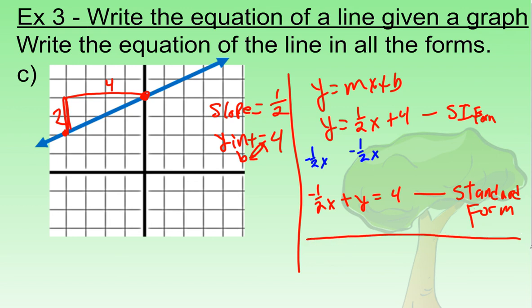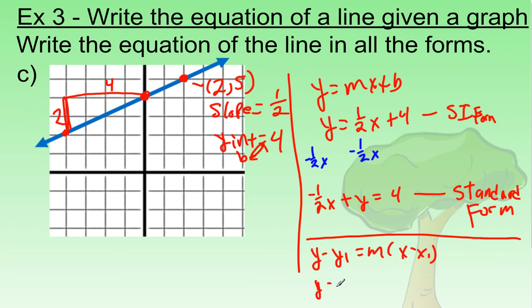And as a bonus, point slope form is y minus y1 equals m times x minus x1. You know what? I actually want to use this point here because they're both positive numbers. That is the point 2, 1, 2, 3, 4, 5. 2, 5.